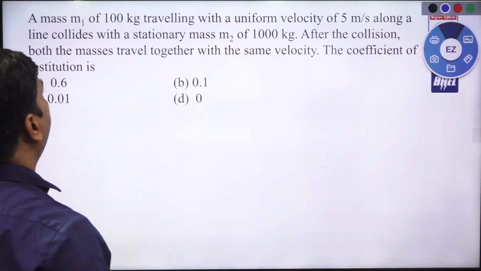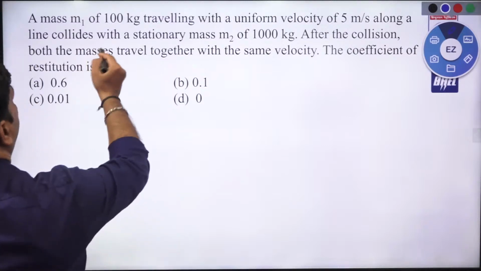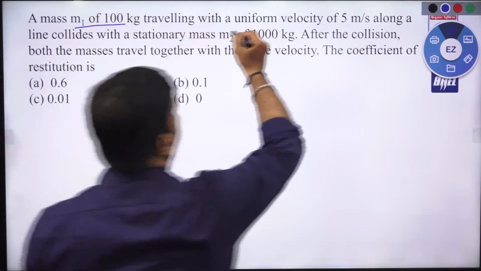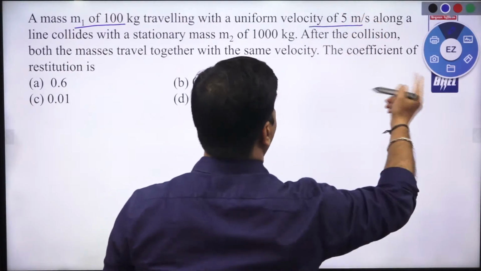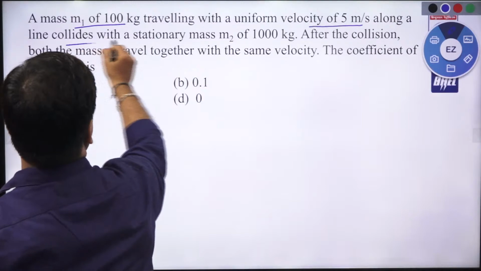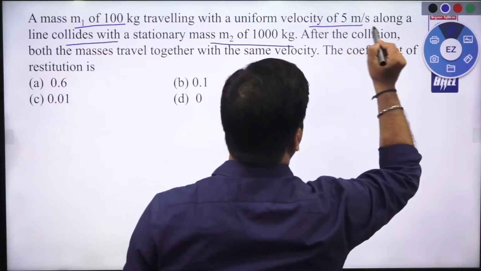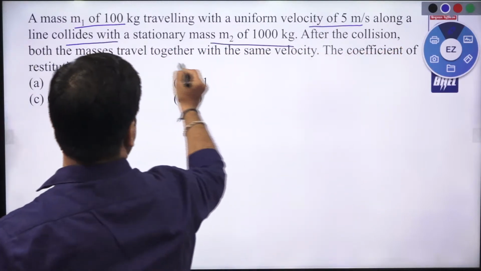A question is saying that a mass m1 of 100 kg traveling with a uniform velocity of 5 meter per second along the line collides with the stationary mass of 1000 kg. After the collision, both masses travel together.